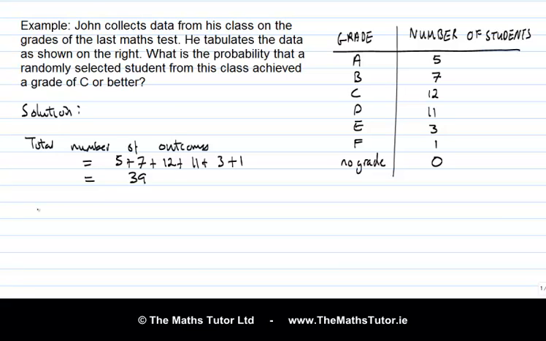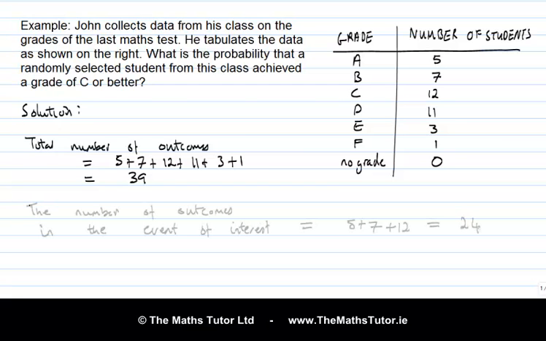Now, to calculate the probability that we are looking for, we need to know the number of outcomes that correspond to the desired event. So how many of these outcomes correspond to the student having achieved a grade of C or better? We look and we see that there are 12 plus 7 plus 5 students who achieved a C or better.